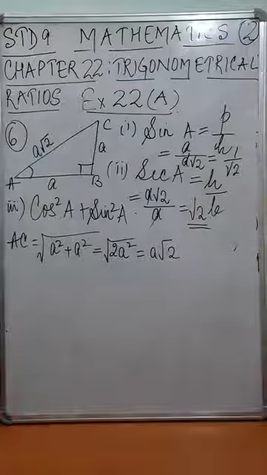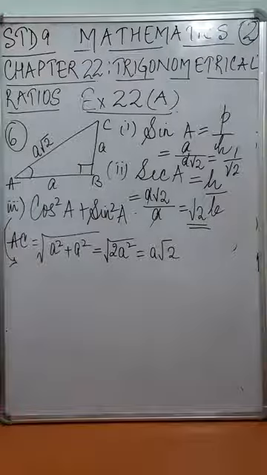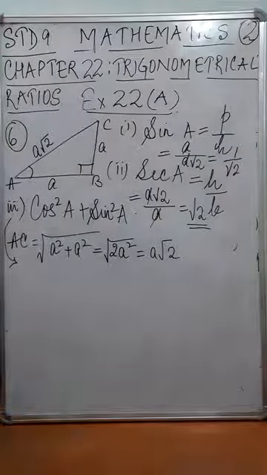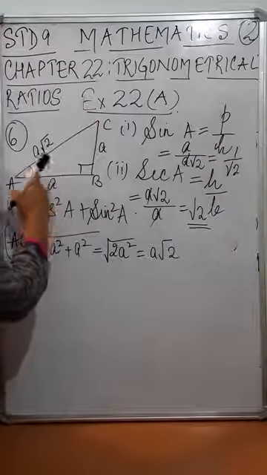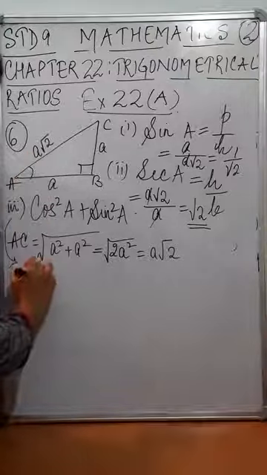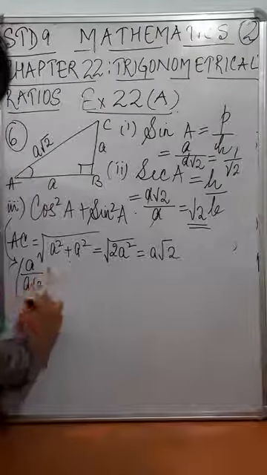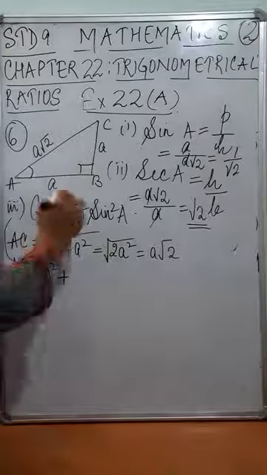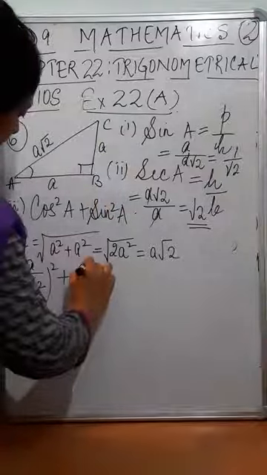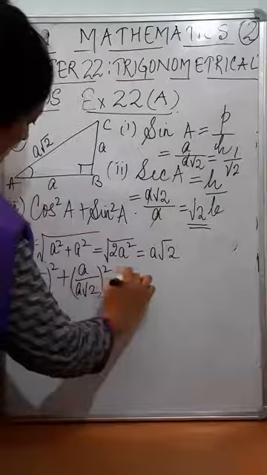Now come to the third one. Cos square A plus sine square A. Now, cos A is base by hypotenuse, that is A by A root 2, and square of it, plus sine A is A by A root 2 again, and square of it.